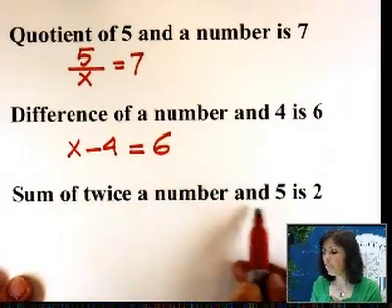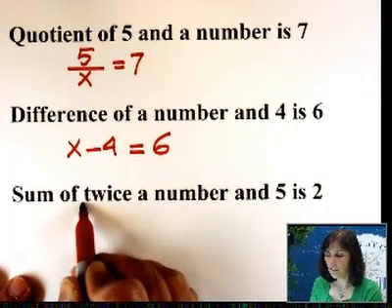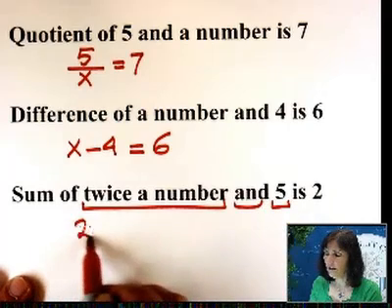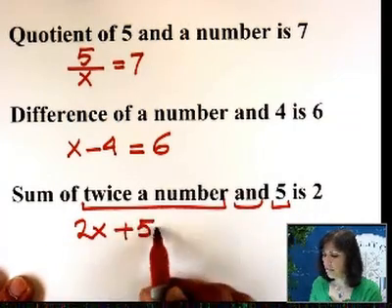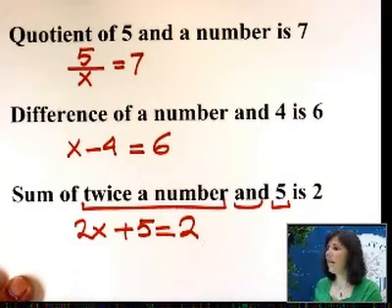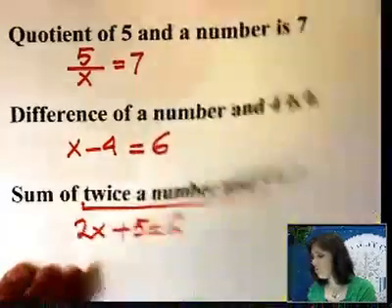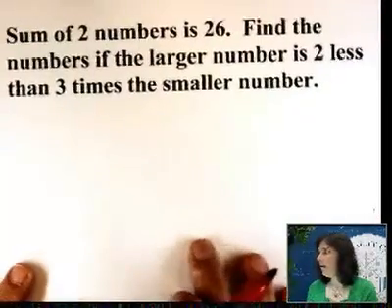Sum of twice a number and 5 is 2. Sum of what? Twice a number and 5 is 2. Okay? So you can read them word by word with those keywords that I showed you and write down your equations.